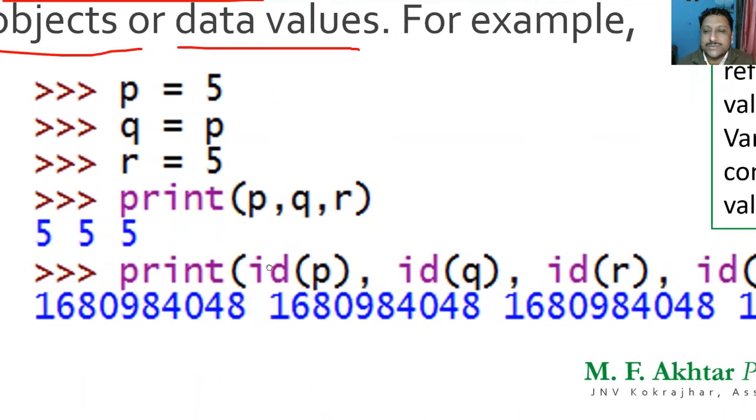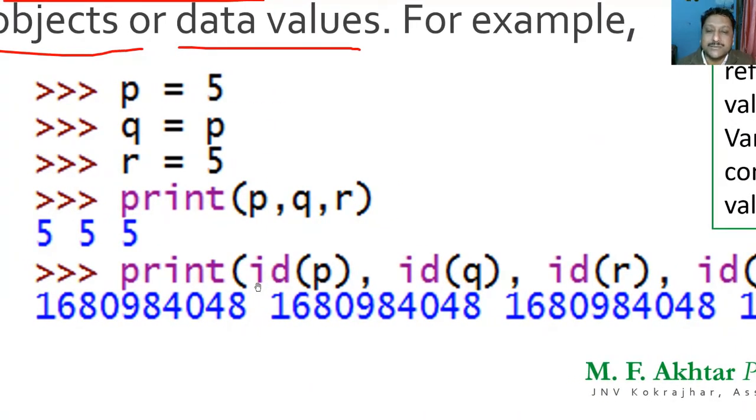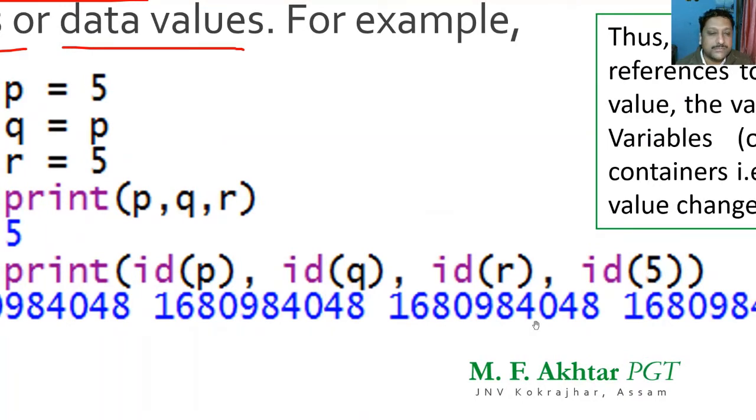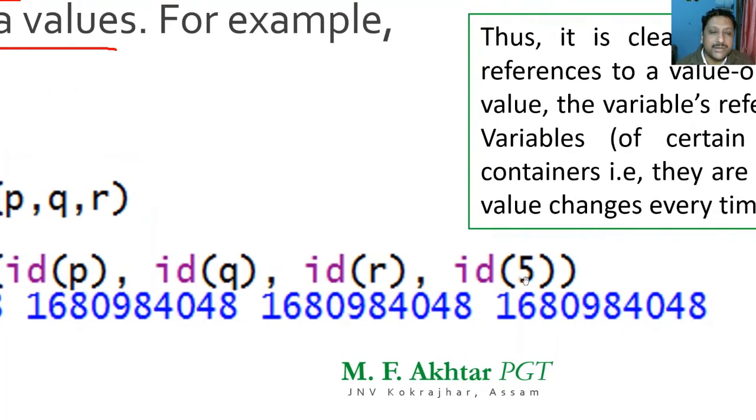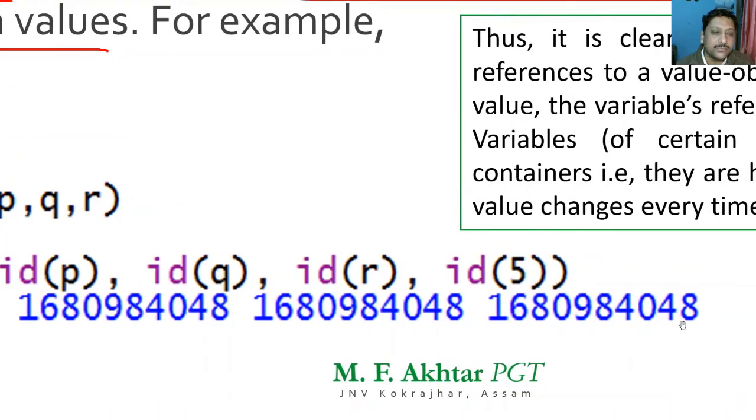And once you see the ID, meaning the memory address of those variables or the value, see what address is given here. ID of p is displayed like this, the address is 4048, and then ID of q is displayed the same, 4048, and ID of r is also 4048, and ID of 5 is given the same, 4048.